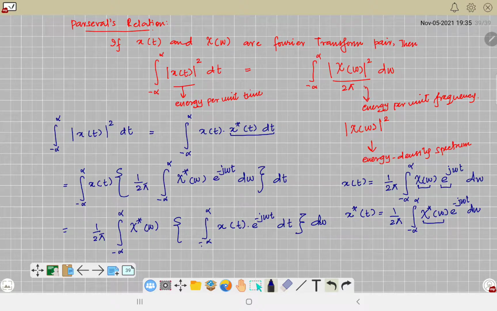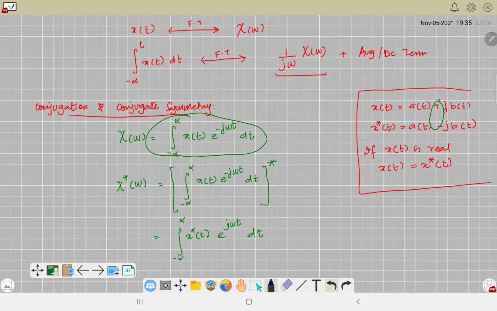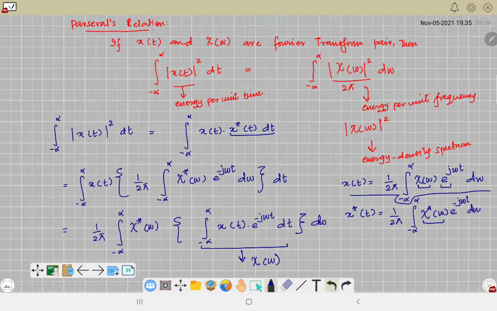Fine. Now this thing here, it is actually X of omega. No, sorry, it's x of t, X of omega. This is the Fourier transform, X of omega, the integral from minus infinity to infinity. So the same thing I have substituted here.